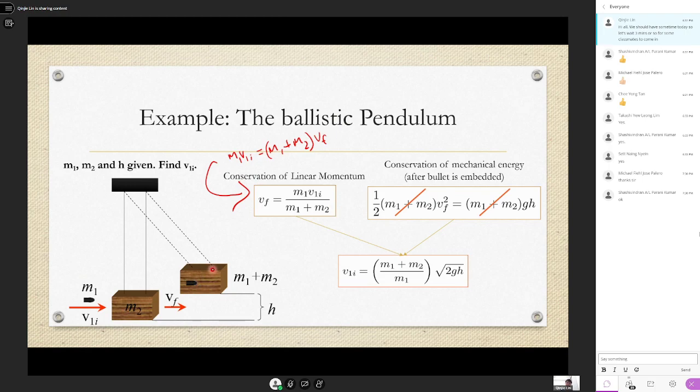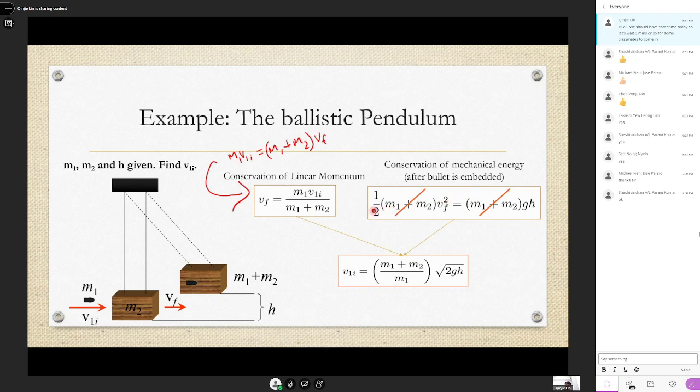When the block moves up, we can write out conservation of mechanical energy. Because now the block with the bullet is down here, it will start to move off at a certain velocity, meaning at the lower point it has kinetic energy, and now it's traveling upwards. So all this kinetic energy, as it moves up, must all be converted to potential energy.